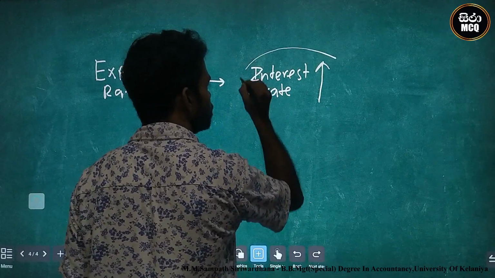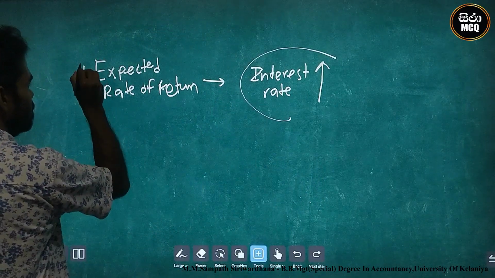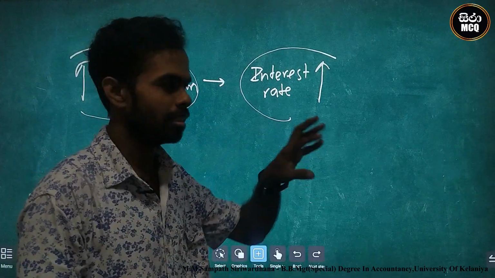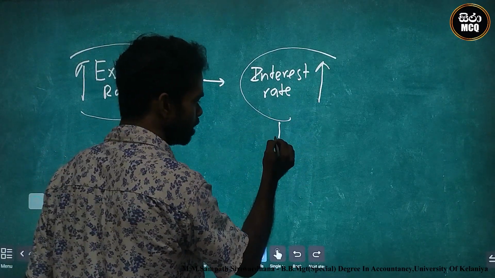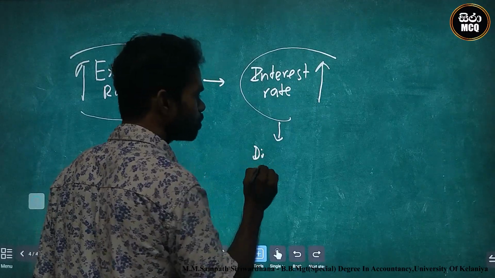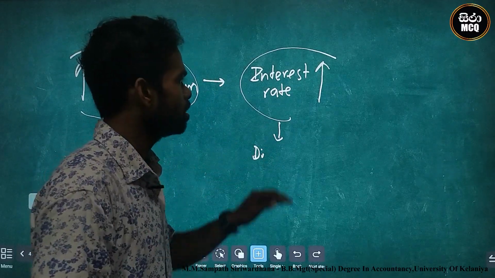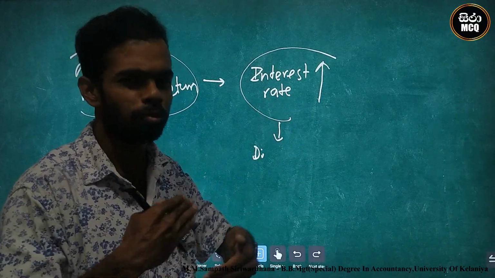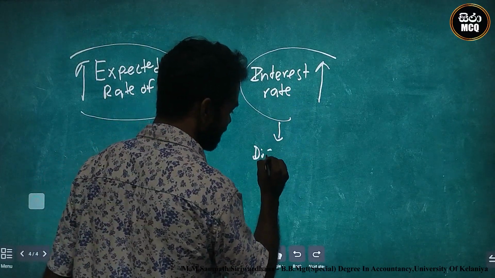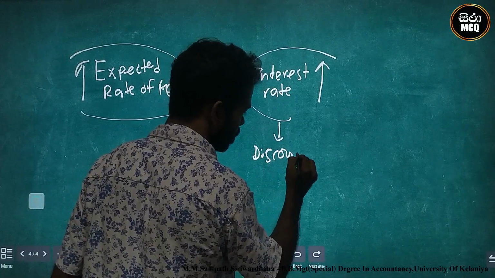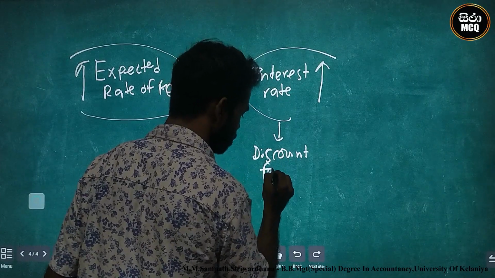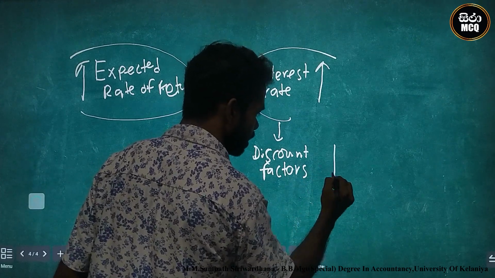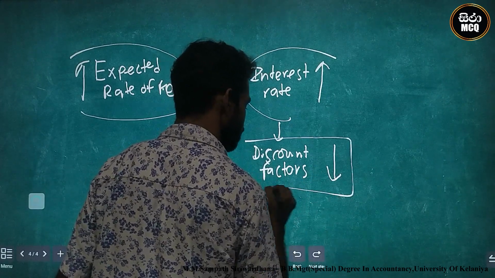What is the result? The expected rate of return increasing is the same as the interest rate increasing. Interest rate is increasing, so discount factor should be decreasing. Why? Interest is increasing, so discount factors, the number of toffees, are decreasing.